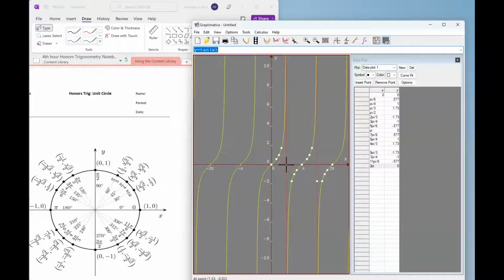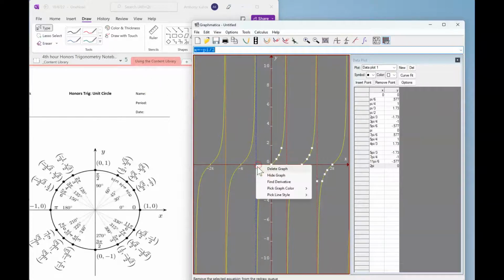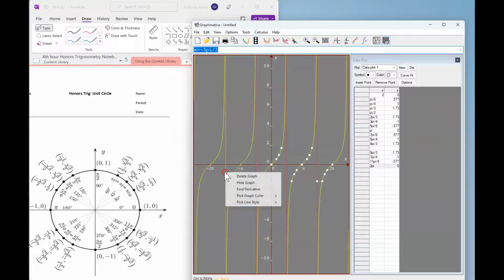How far apart are these asymptotes? We saw one at pi over 2, another one at 3 pi over 2. They're pi apart, right? So I should have one at negative pi over 2 and negative 3 pi over 2. Let's make them all the same color, right?